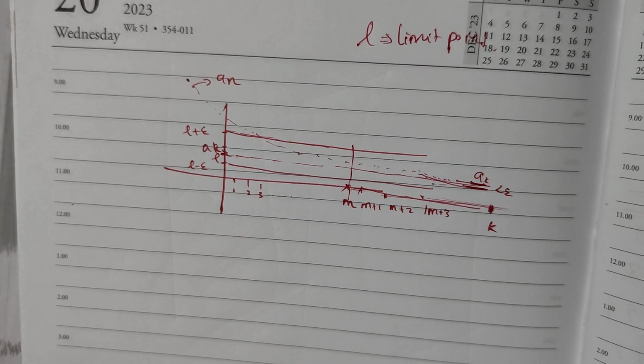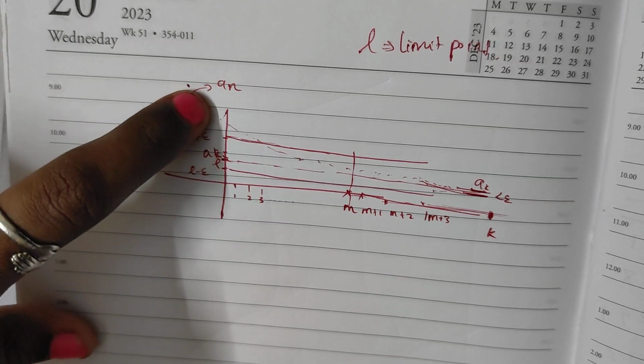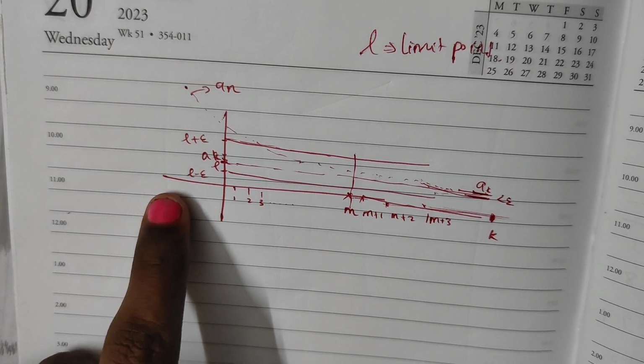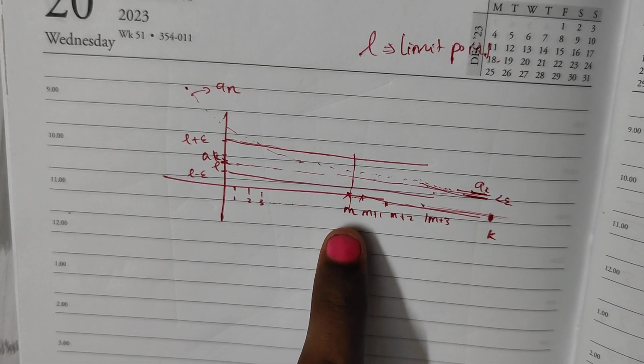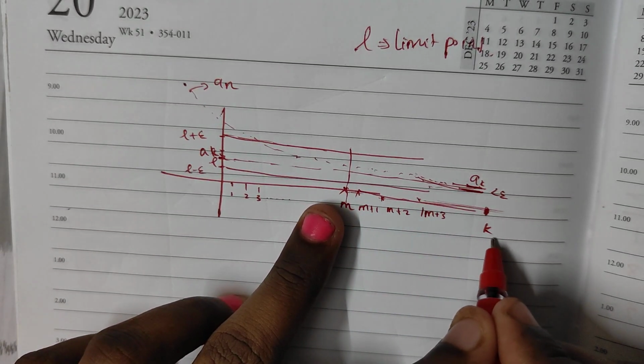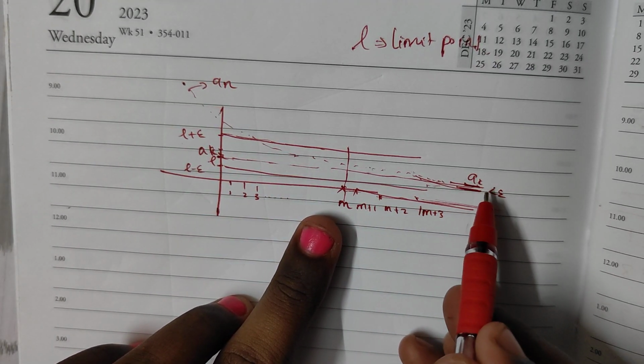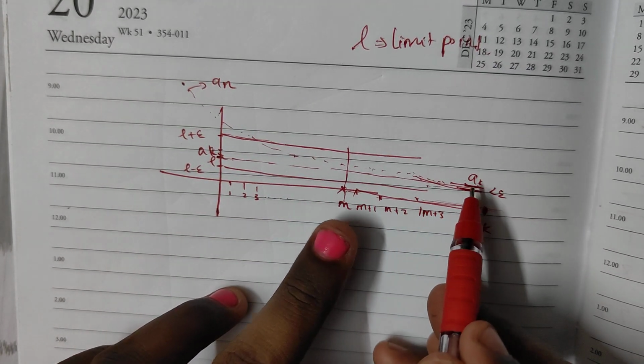Can you understand? So L is a limit point or cluster point. We have to consider L plus epsilon and L minus epsilon, after one particular point m. After that there exists a point k. At that point there exists a term of the sequence which is named ak.